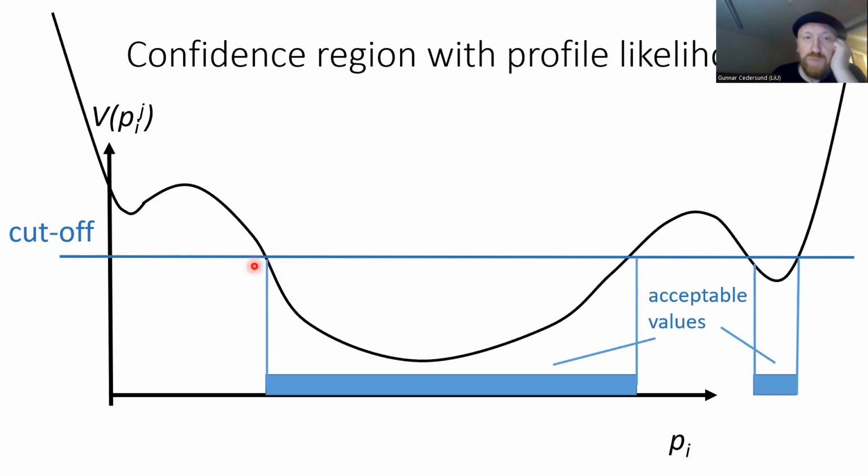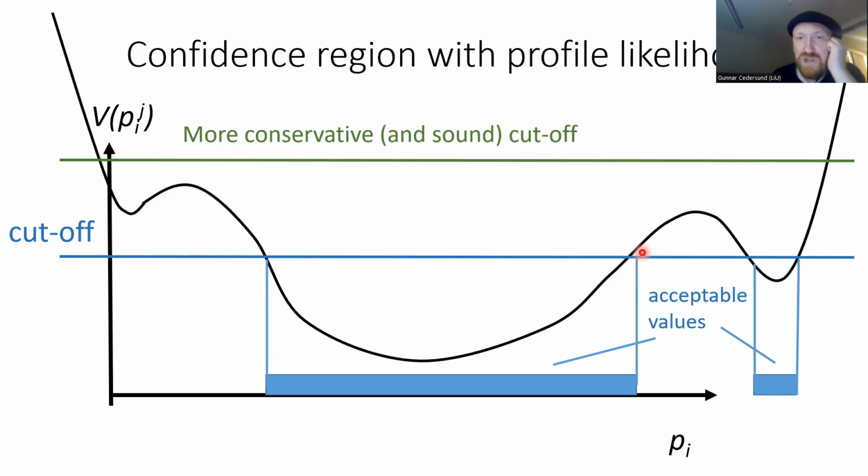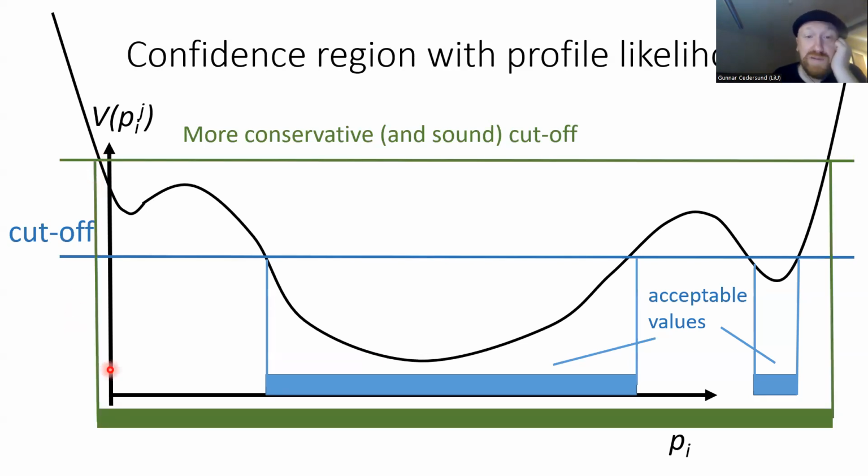And if you look at the curve and it looks like this, then you should realize that maybe we should actually increase the cutoff to some other value, that is not dependent on these bends here. This is because here you also have acceptable values over here. So this should be the cutoff. And there are various ways to choose this cutoff. But basically, this is the idea.